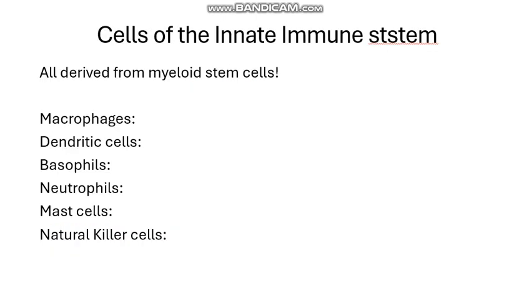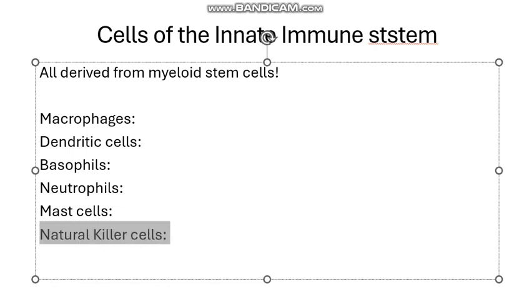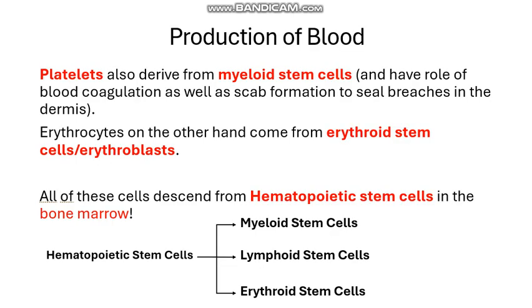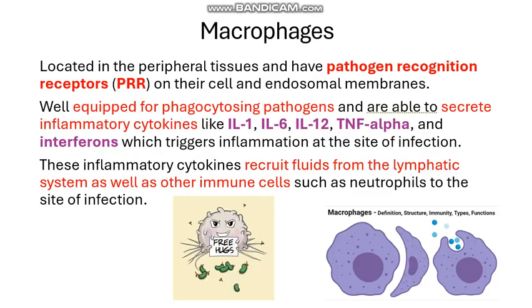So the cells of the innate immune system are all derived from myeloid stem cells, so macrophages, dendritic cells, basophils, neutrophils and mast cells all come from myeloid stem cells. But the last one, natural killer cells, actually comes from the lymphoid stem cell lineage that we talked about there.